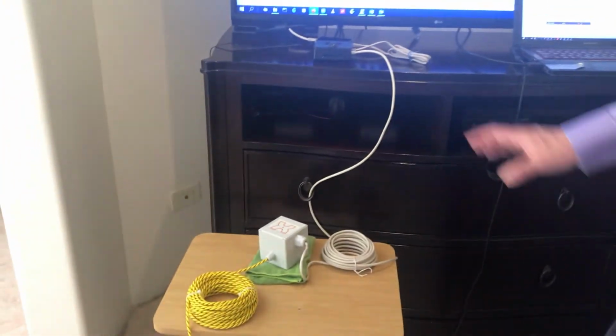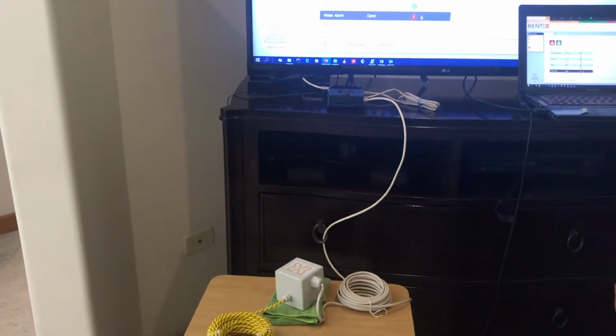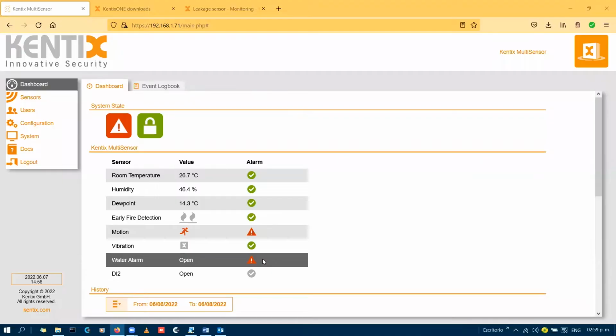So that's the sensor itself. I am going to take it out of the wet cloth, and it went to green. So you see how fast the sensor detects water. In this case, we have a wet cloth, and it really detects very, very fast.